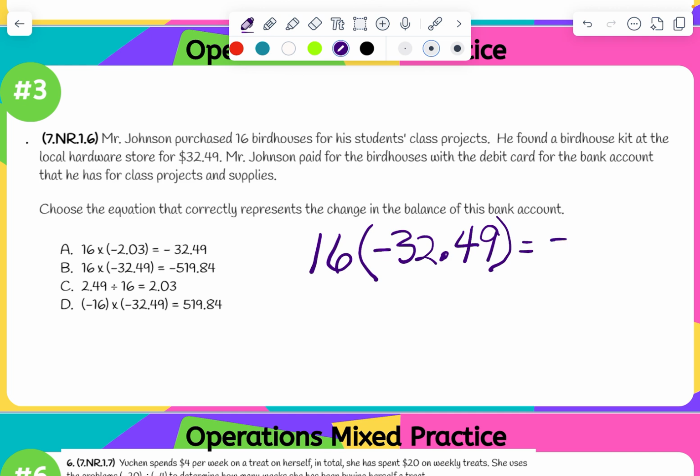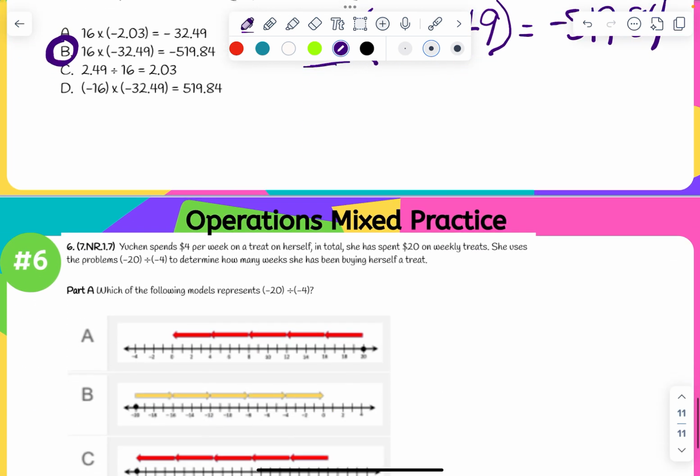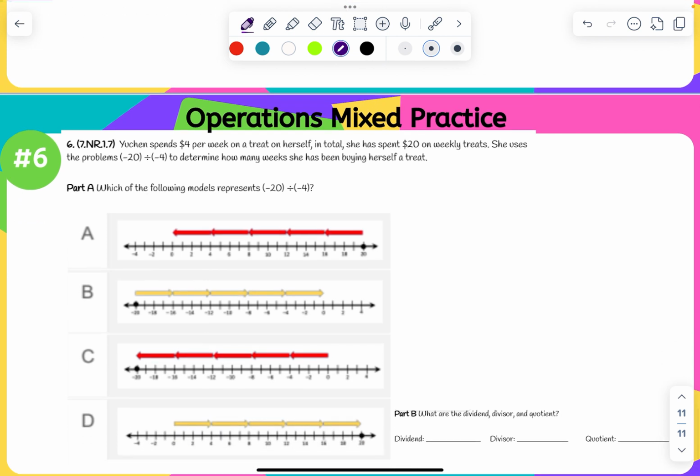So the total amount that comes out of his account is negative $519.84, which would be B. He bought 16 birdhouses. Each one of them is going to cost $32.49. So that's going to be a negative because that's going to be what's coming out of his account. And when you multiply that, you end up with a negative. All right.